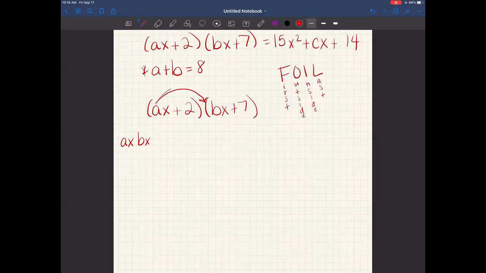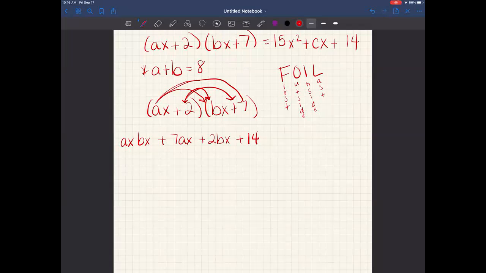I multiply my outside numbers, plus 7ax. My inside numbers, so plus 2bx, and then the last numbers, plus 14. Does that look familiar? FOIL is very, very popular with polynomials, which is like the best thing ever.